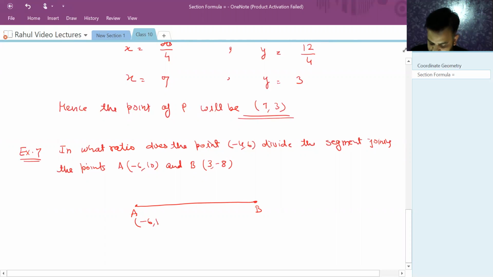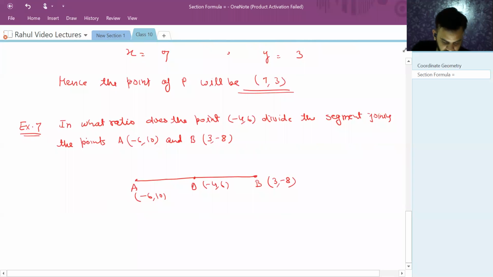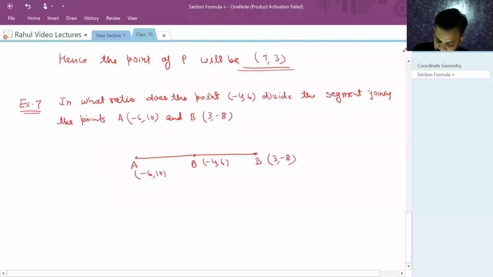A is -6, 10 and B is 3, -8, and this is your point O, that is -4, 6. Okay, so suppose the ratio will be your M1 ratio M2. You have to find out these ratios.